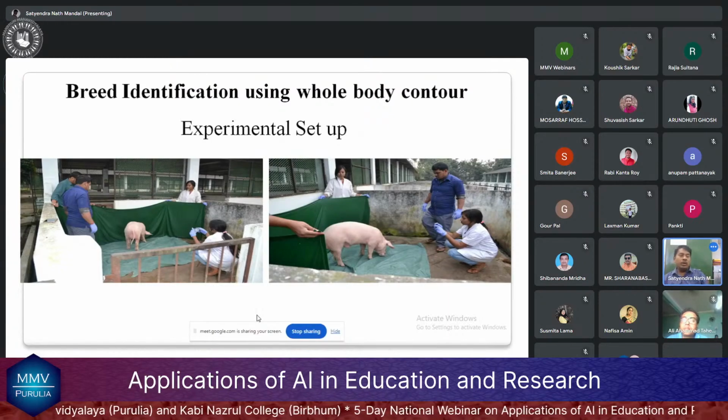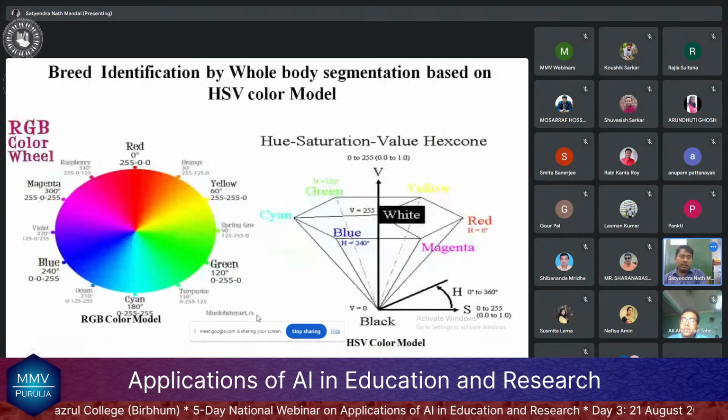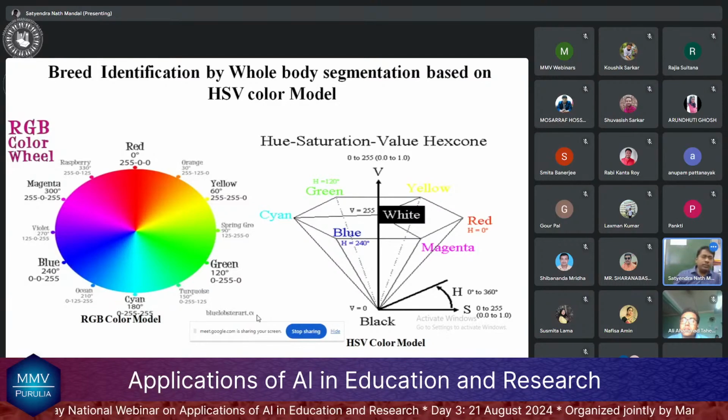Now, we also separate the breed using their coat color, the hue value. Without a deep learning model, if we capture their photograph and separate by hue value, we calculate the HSV model, hue saturation value, and we find that the hue values differ from breed to breed.